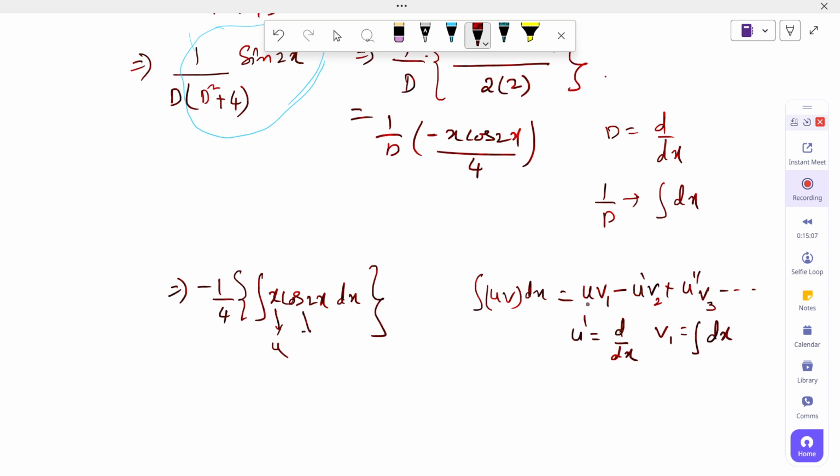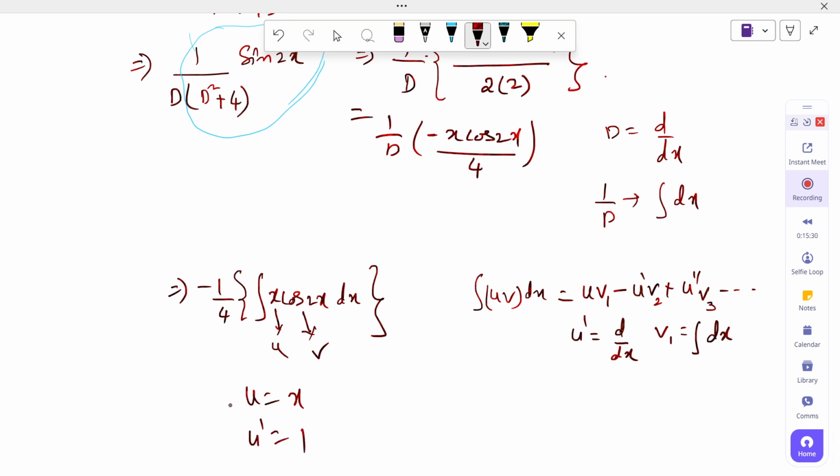Then this is going to be your v. So your u is equal to x, u dash is equal to 1.